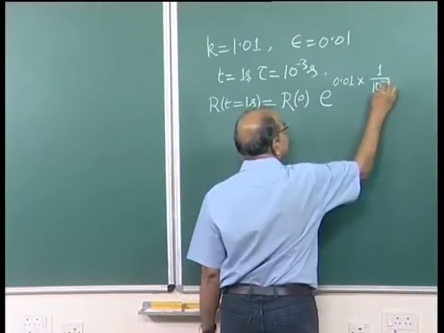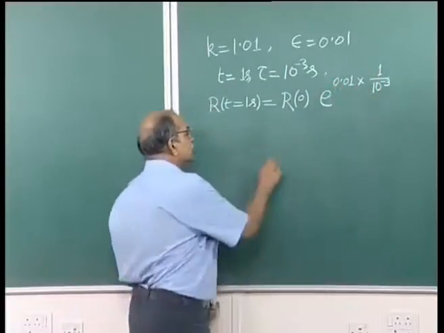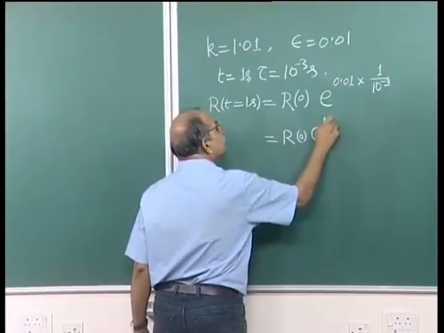So, that will be 1000 and this will be 10. So, it is R 0 into e to the power 10.